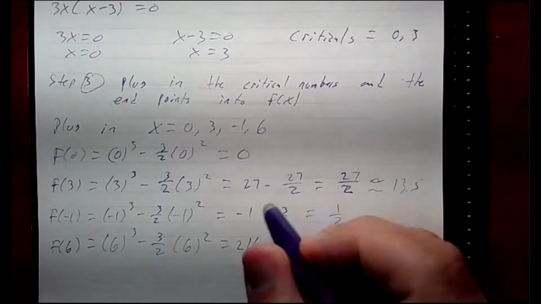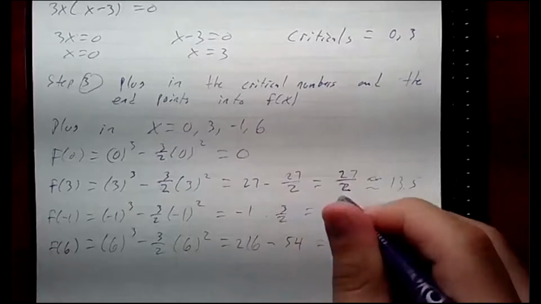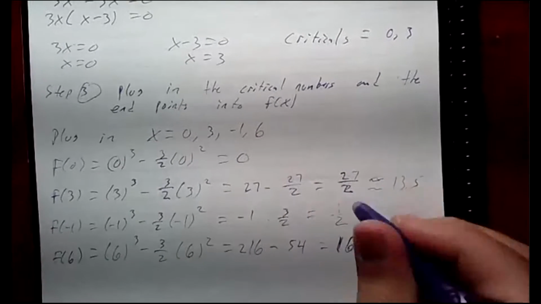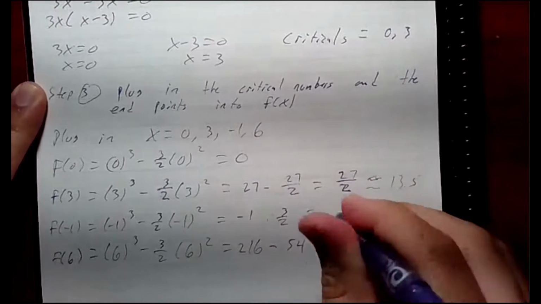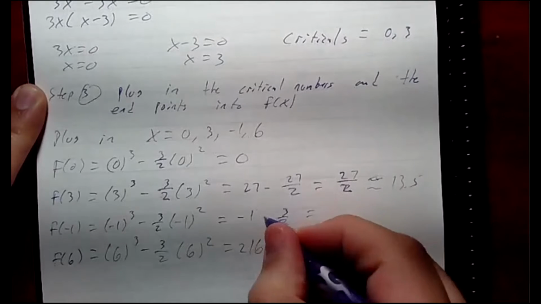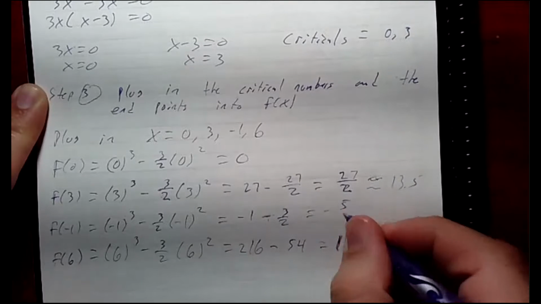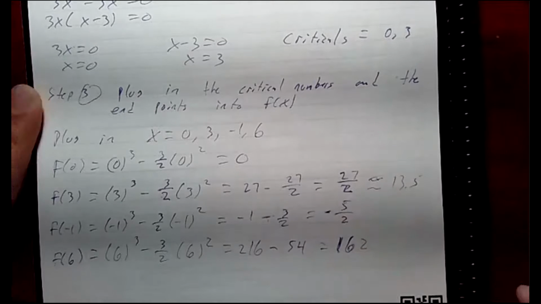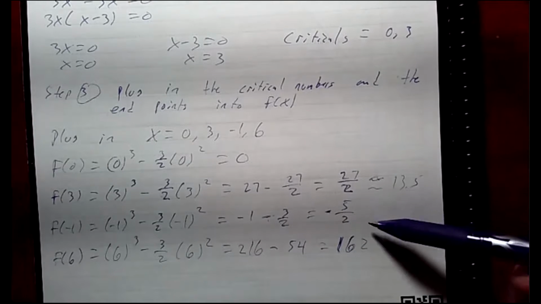Oh, that's a mistake right here. That's not going to be 0. -1 minus 3/2, that's going to be -5/2. Okay. So this is the smallest now.